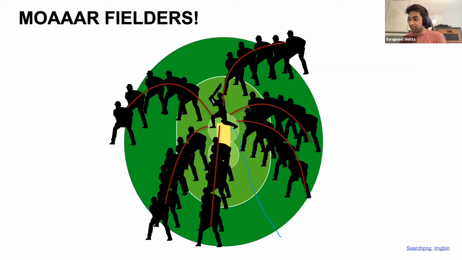Let's not get into that, but that was the point I was trying to drive home: the more fielders, the more parameters you add for the same amount of training data, the more likely you are to overfit to this training data and therefore generalize poorly. When your test examples come in, you're really not going to do well.